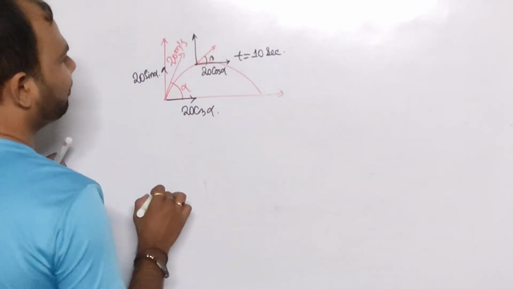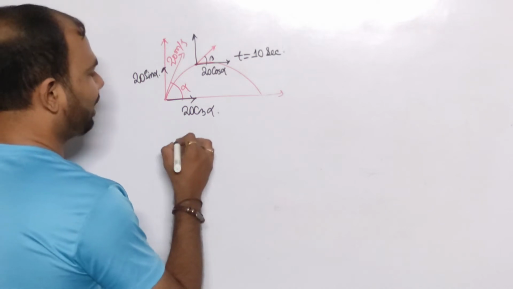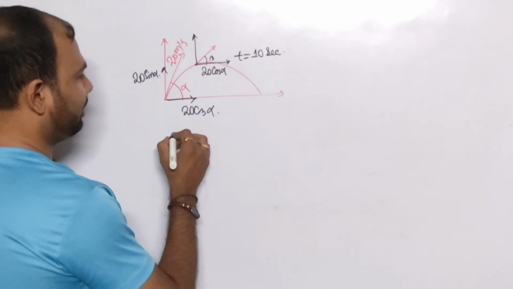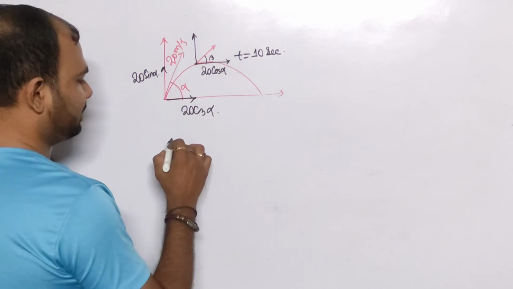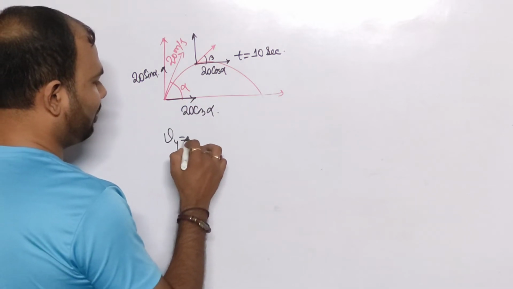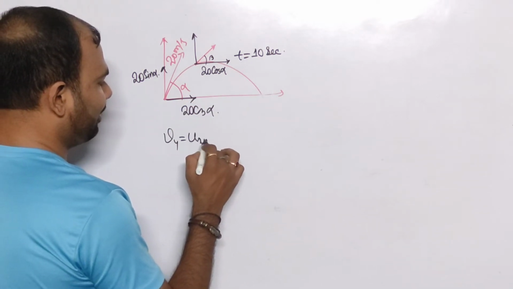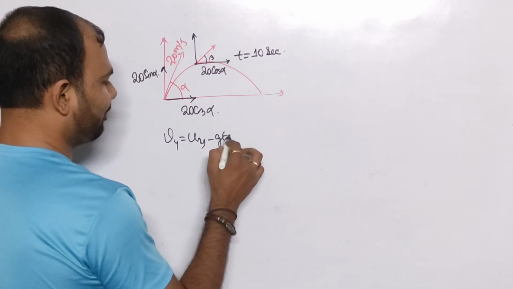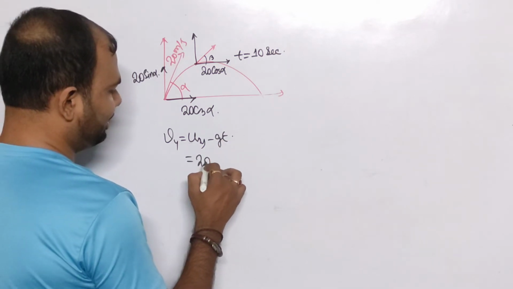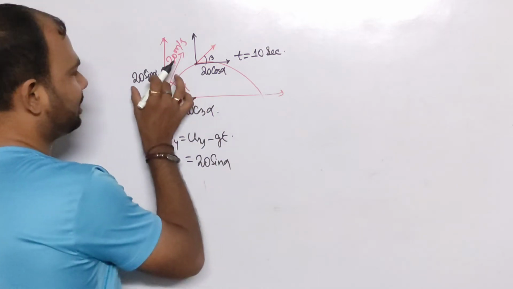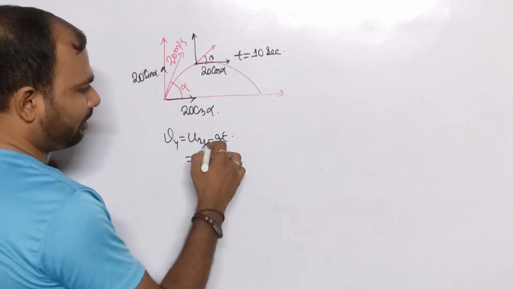But for the vertical component, we have to find the velocity because there is some reduction in speed. Vy equal to uy minus gt. So 20 sin alpha, the velocity will be reduced due to gravity, minus gt.